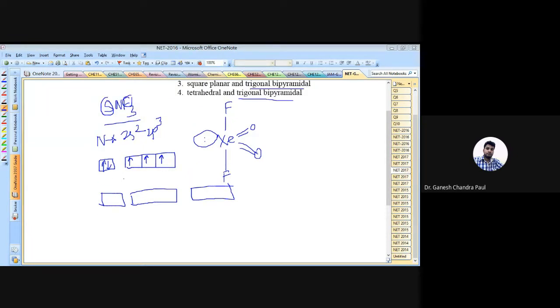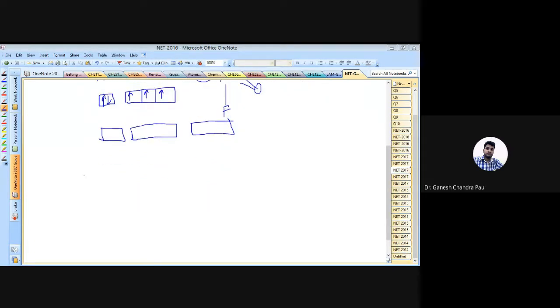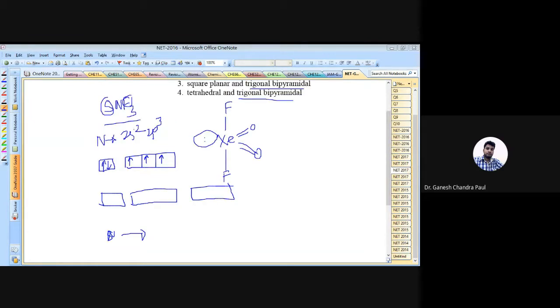According to valence bond theory, yes. So that means here sulfur is the central atom, not nitrogen. Okay, sulfur is the central atom. So accordingly, it is 3s2, 3p4, right? Yes.